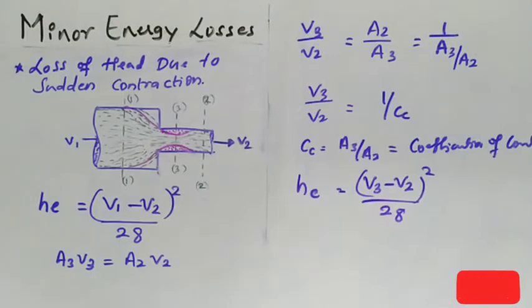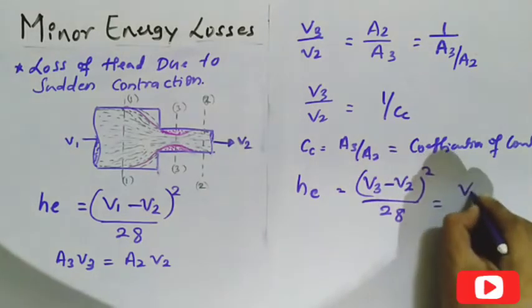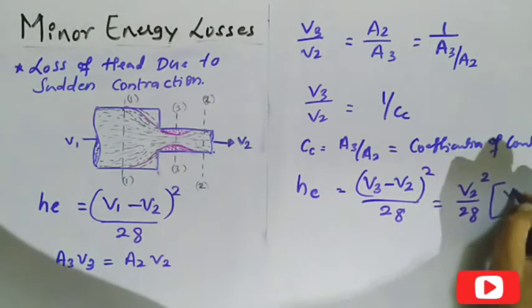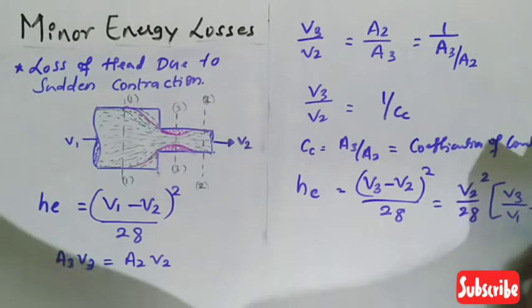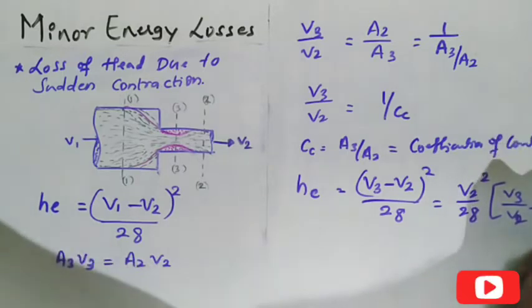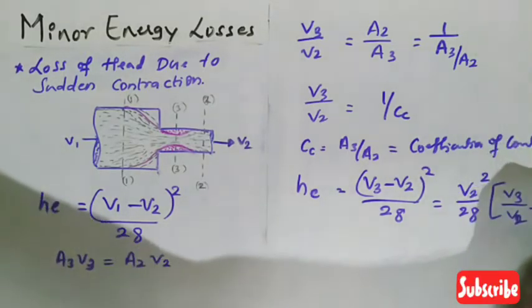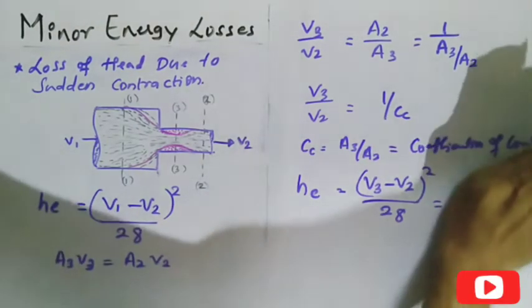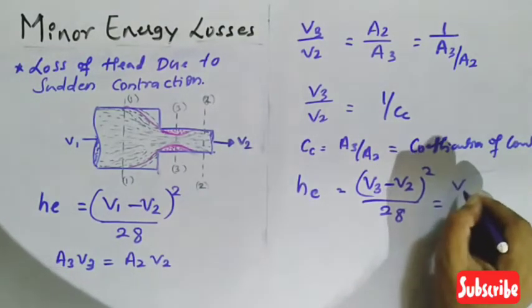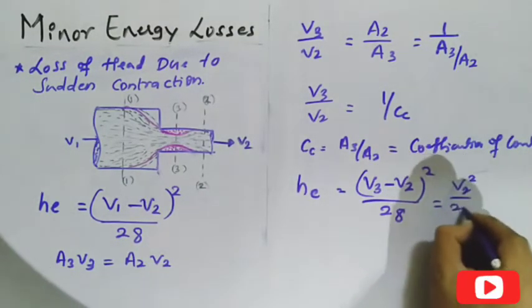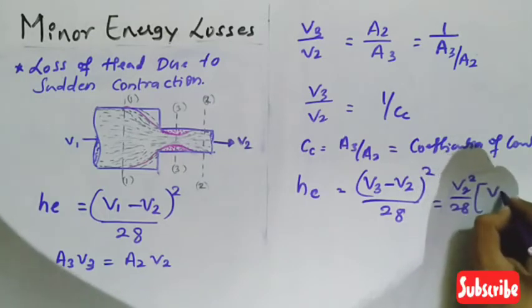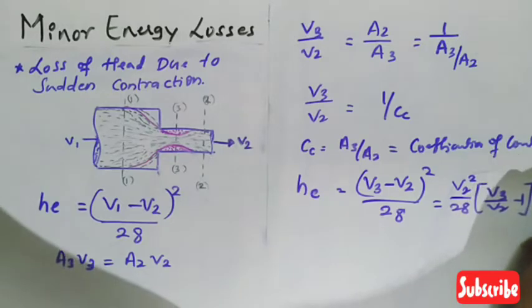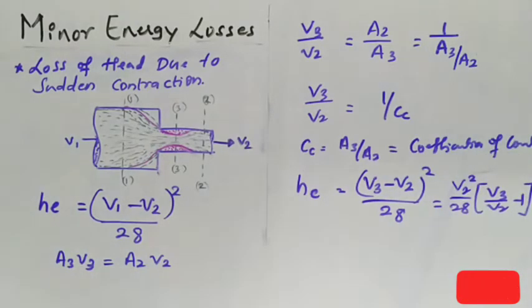Now let me take V2 outside: V2 square divided by 2g, bracket V3 by V2 minus 1, whole square. Let this be equation 1.